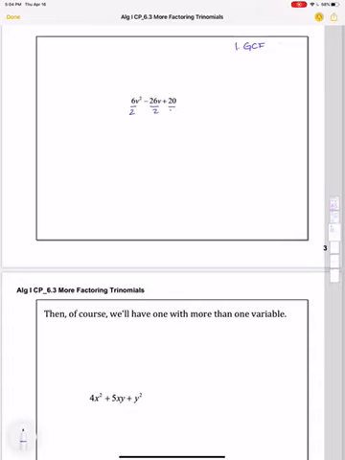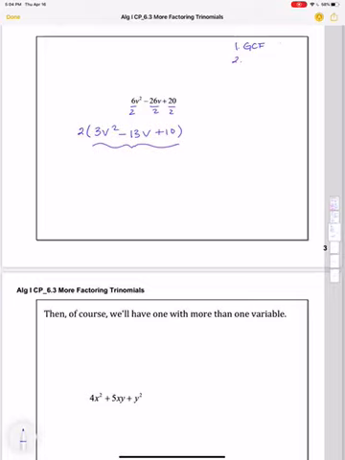So I'm going to divide them all by 2, and I have to write the GCF out in front. So I got 2, and then this would be 3v squared minus 13v plus 10. Now I want to see if I can keep factoring this part right here. So I've got the GCF 2.